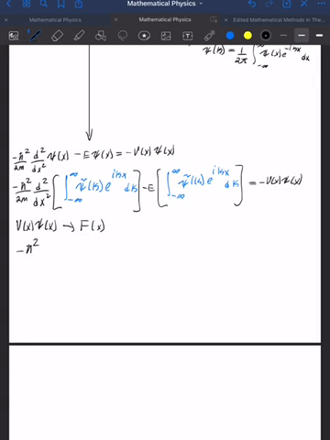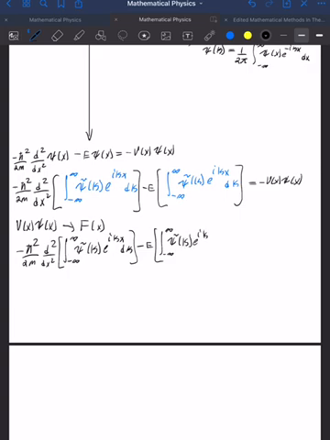We get minus h bar squared over 2m d squared dx squared of the integral from minus infinity to infinity of psi tilde of k e to the i kx dk, minus e times the integral from minus infinity to infinity of psi tilde of k e to the i kx dk. And that's equal to minus F of x.